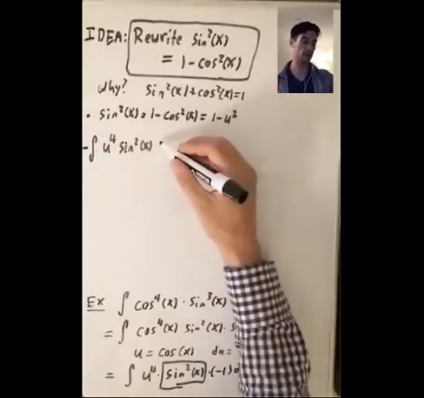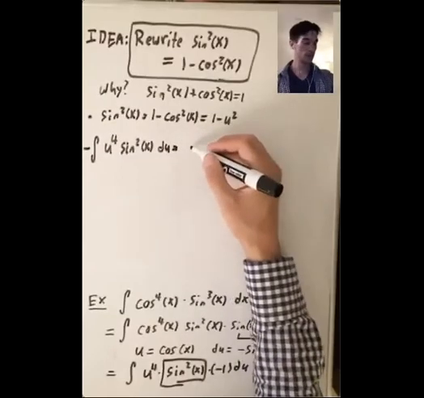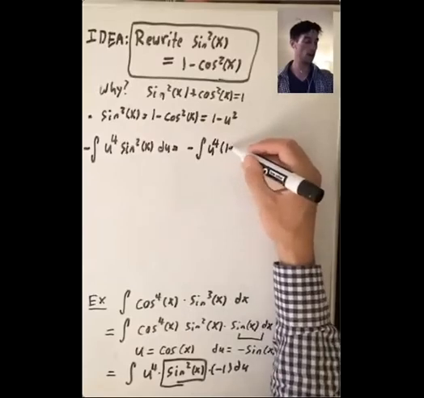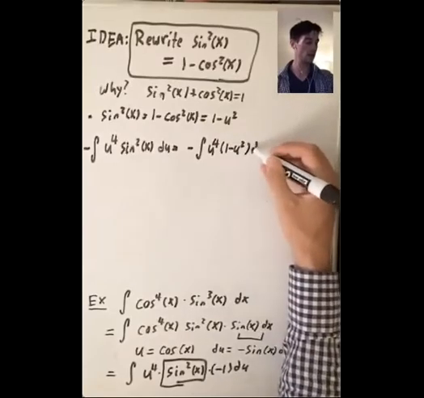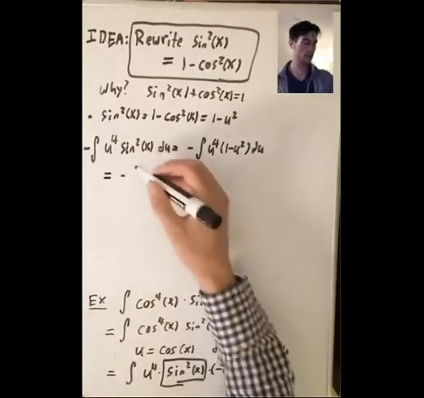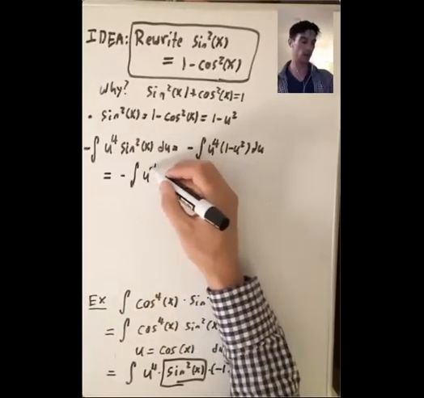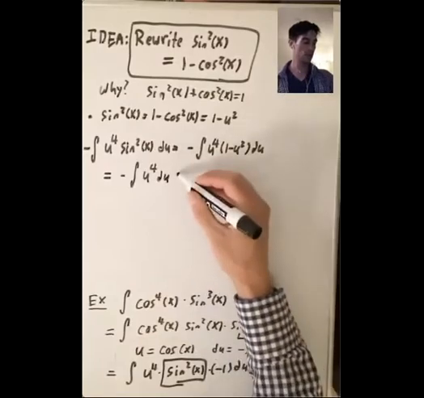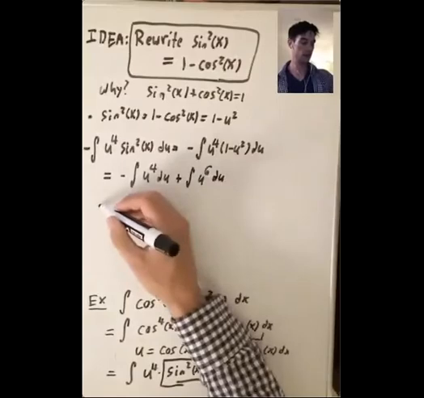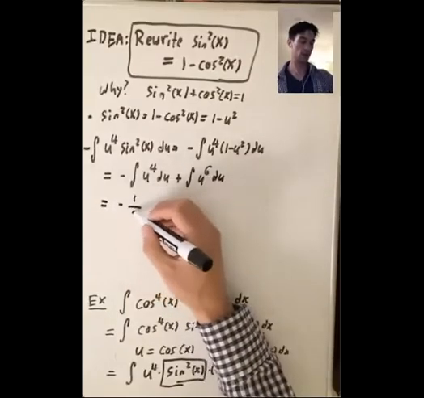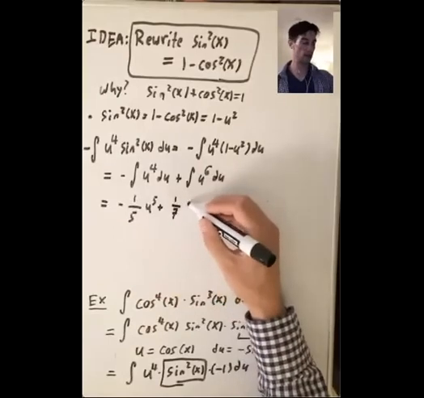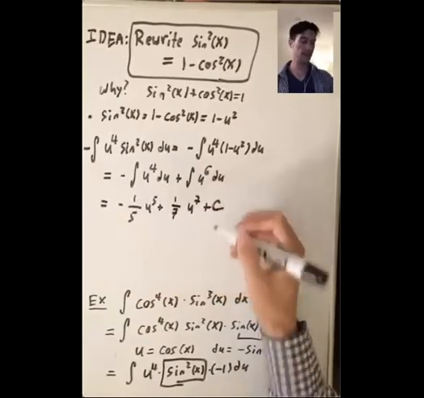So the integral that we're working with, u to the fourth sine squared x times -1 du, let me pull out the -1 du, we can write as minus integral of u to the fourth times 1 minus u squared du. And this integral we can do by expanding. This is minus integral u to the fourth du plus the integral of u to the 6th du, which is minus 1/5 u to the 5th plus 1/7 u to the 7th plus c.